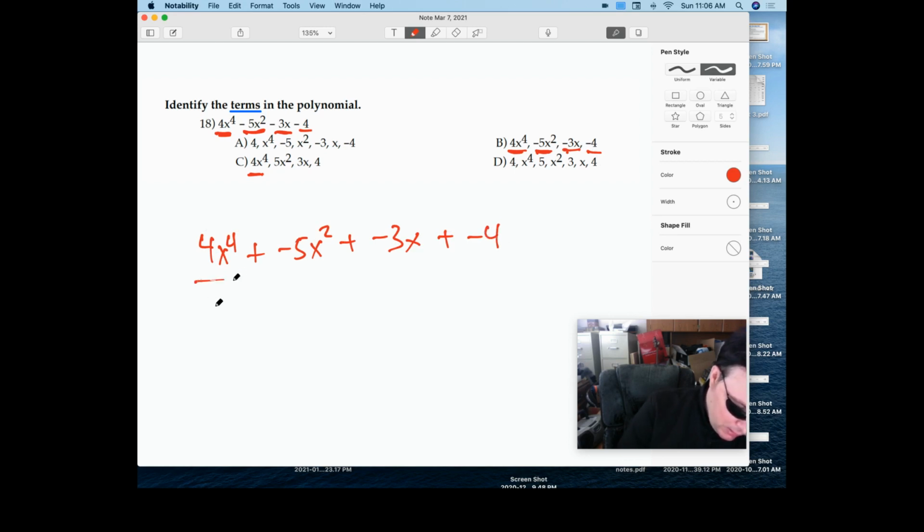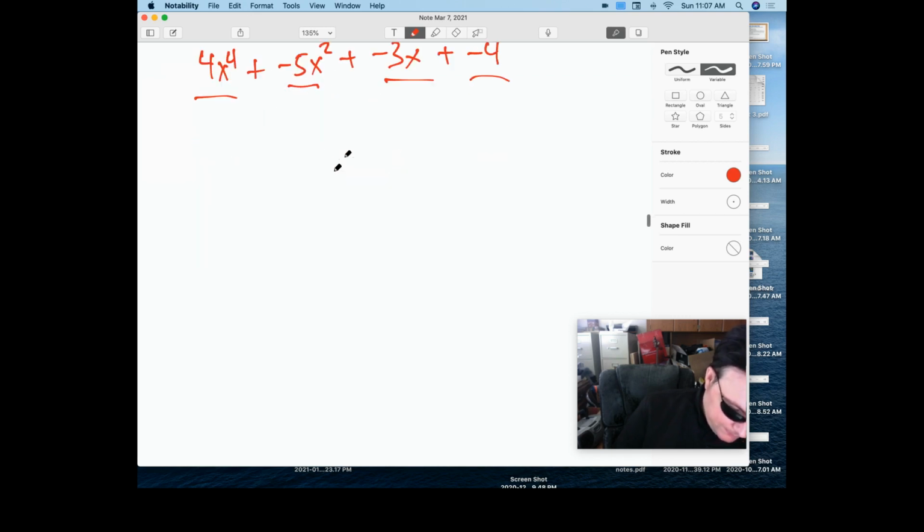My terms here are this, this, this, and this. I hope that is very clear. Be careful, because this has them as just the positive versions, and if it's negative, the term is negative. So we want to make sure we're doing that. The answer here is going to be B.